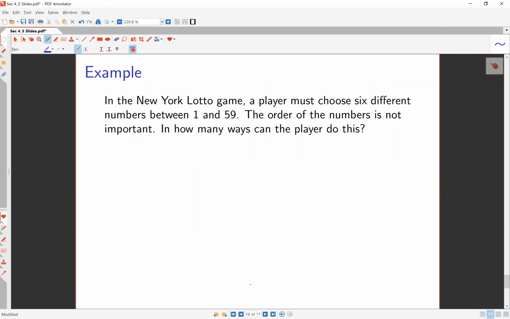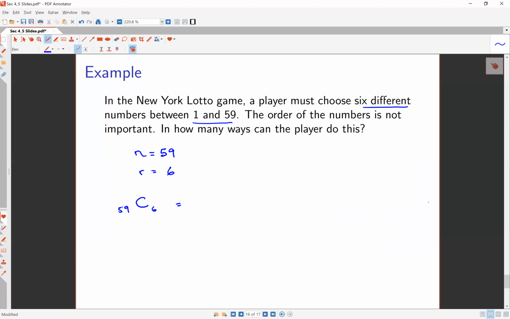Let's stick with the lottery example. You're playing the New York Lotto. You have to choose 6 numbers out of the set 1 through 59. So how many possibilities are there for you to choose from? There are 59 possibilities. And how many are you going to choose? 6. So in how many ways can this be done? Well, this would be a combination because we don't care about the order.